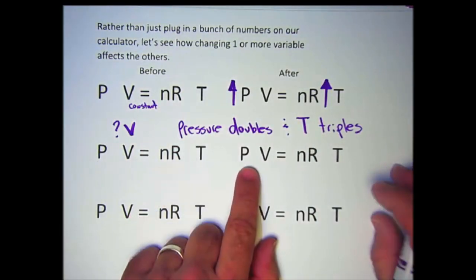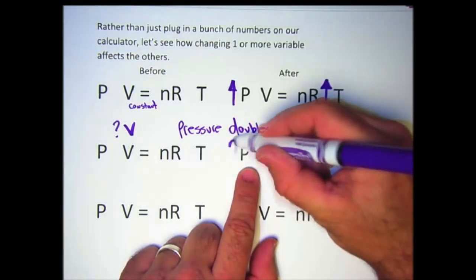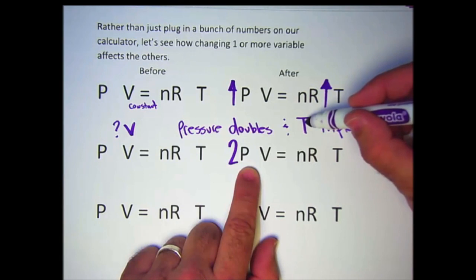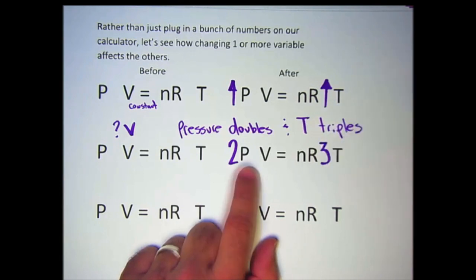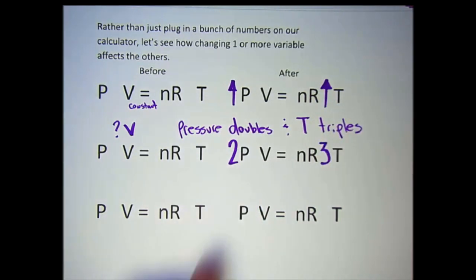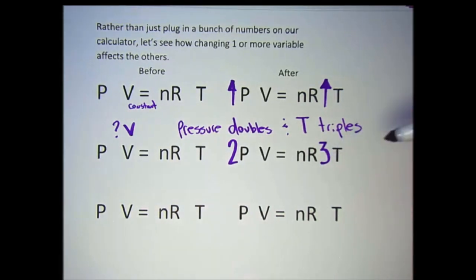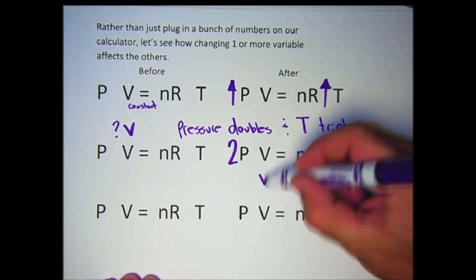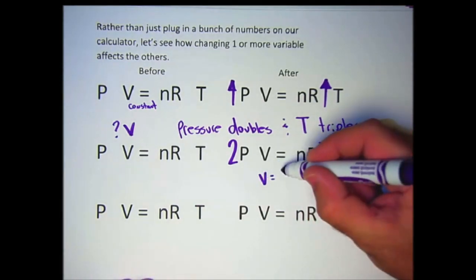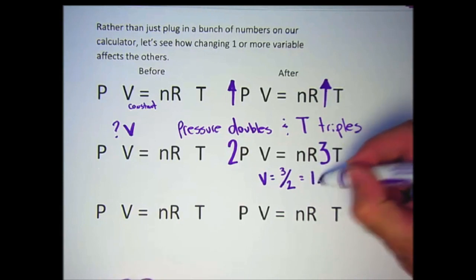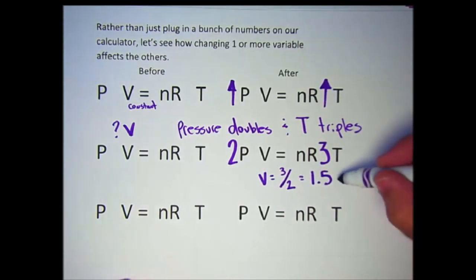And over here we said the pressure doubles, so I'm going to put a 2 right there. And the temperature triples, I'm going to put a 3 right there. Well, if this side of the equation doubles and this side of the equation triples, our volume is going to change by a factor of 3/2. So it will be 1.5 times larger than the volume was originally.